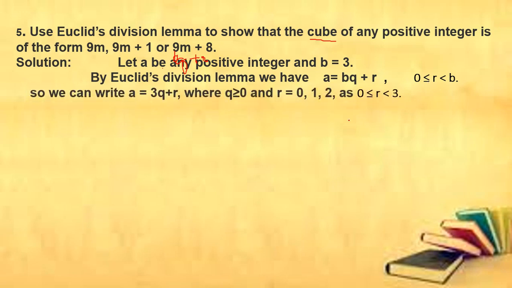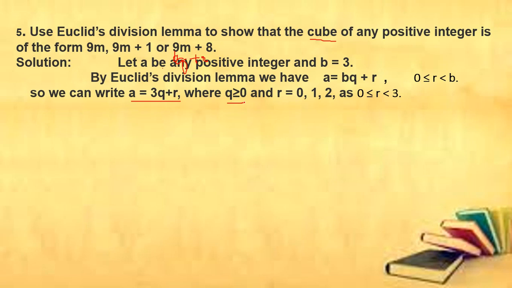So here we have the positive integer a equals 3q plus r. And in the division process the quotient may be 0 or greater than 0, so q is greater than or equal to 0.